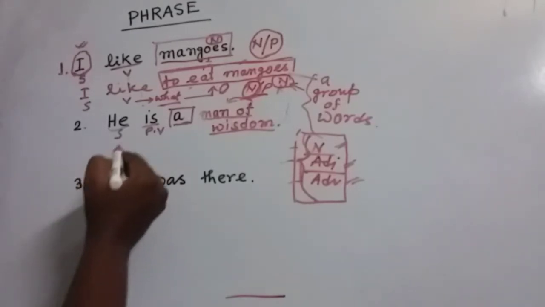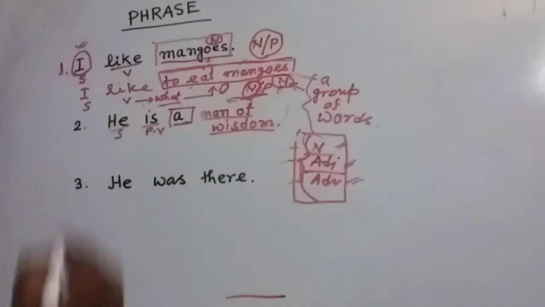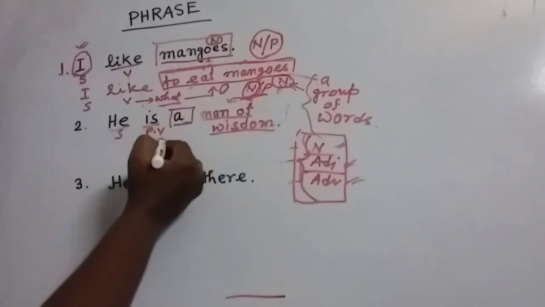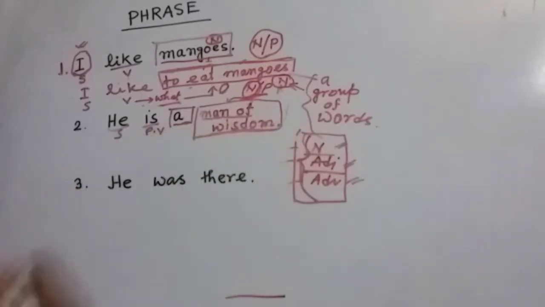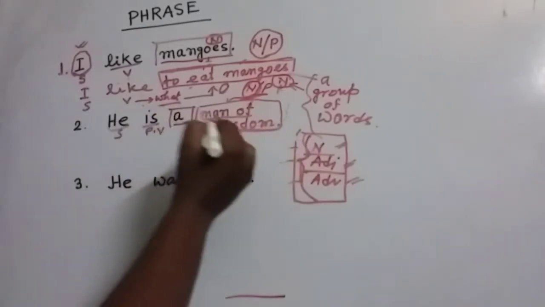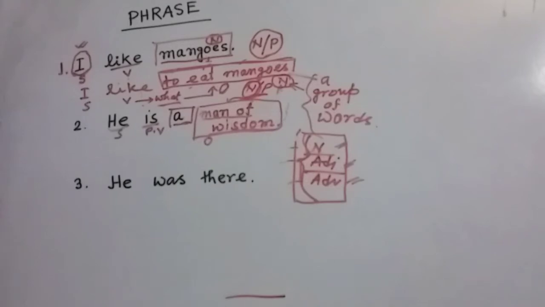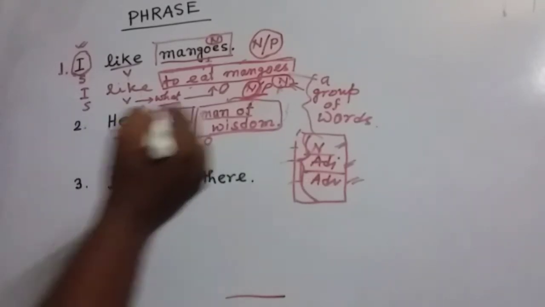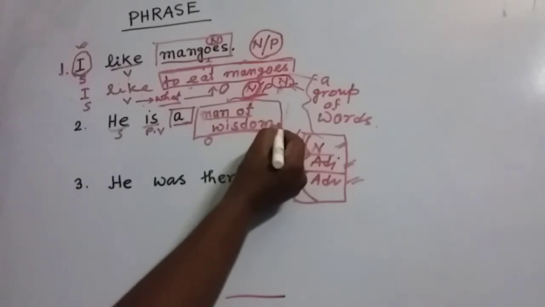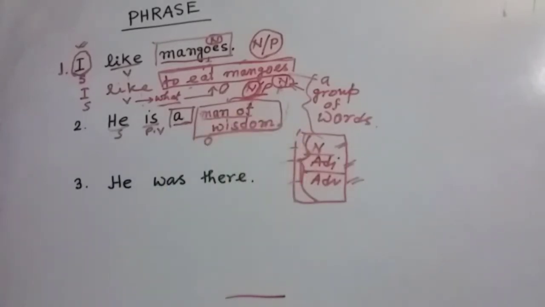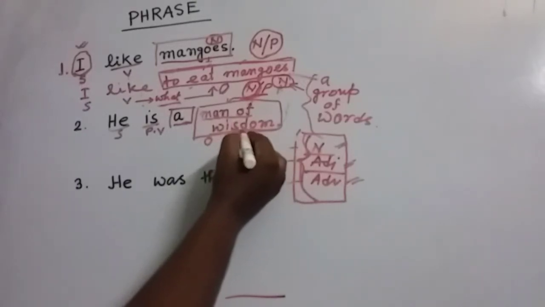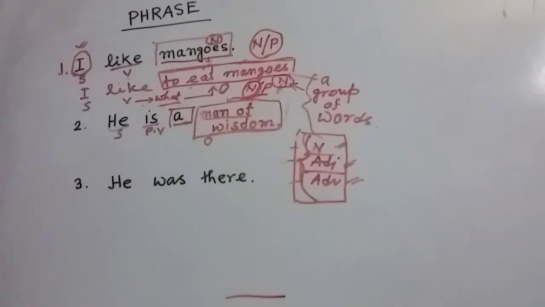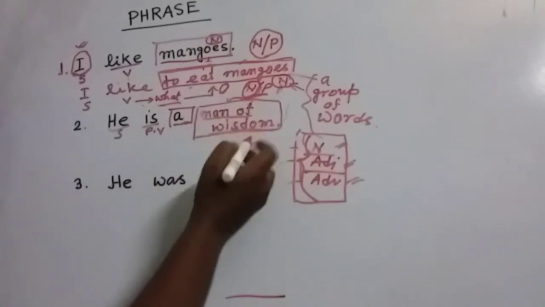So here if we ask what is he, the answer will be man of wisdom. So this is the object of this part. And my dear friends, you can see it's not the pronoun. Rather, we are using this one as the noun form of wise, and man of wisdom means it's an adjective and it is acting like an adjective.